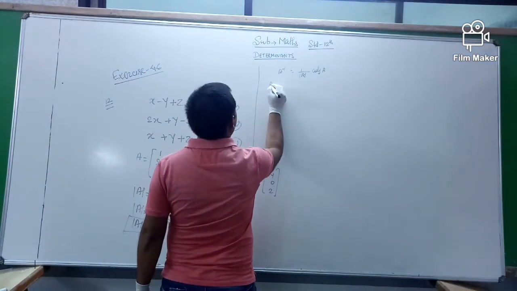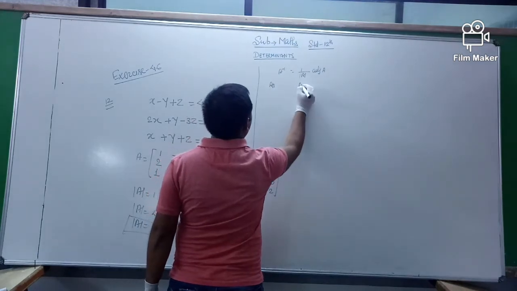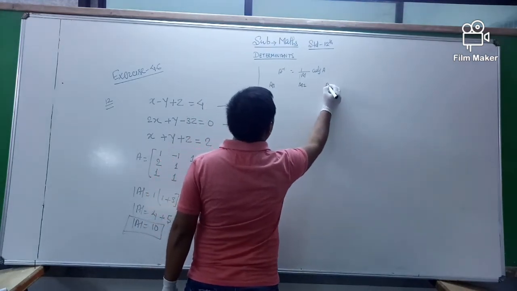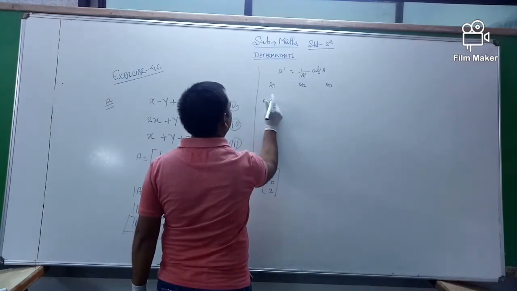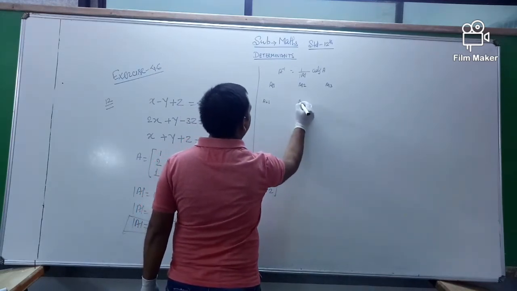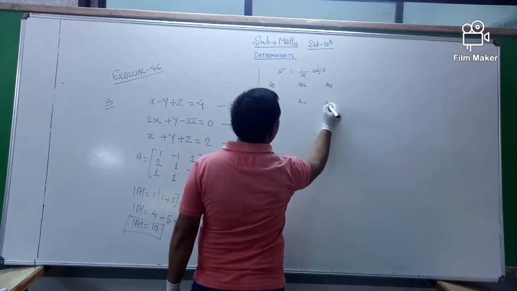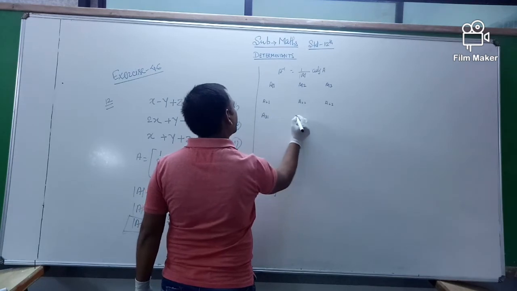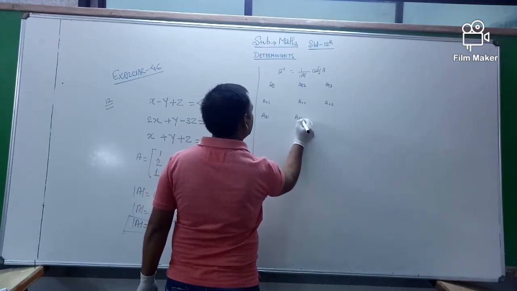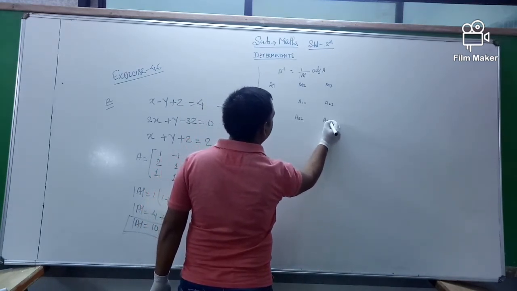For finding the adjoint of A, you find A11, A12, A13, A21, then A22, then A23, then A31, A32 and A33.